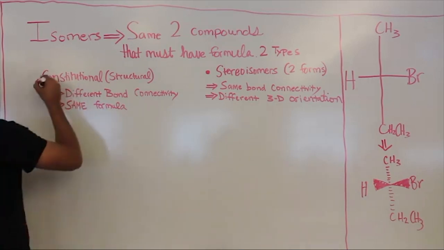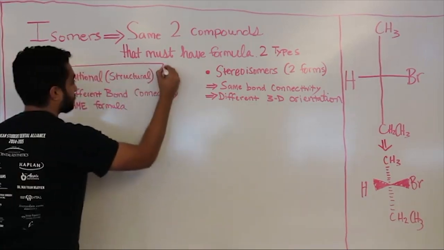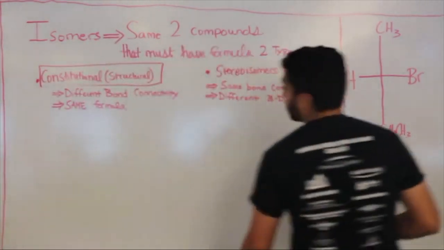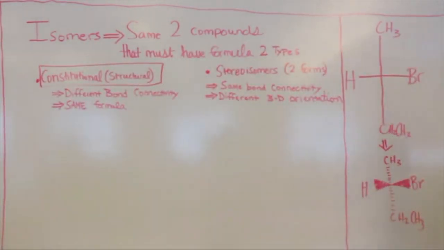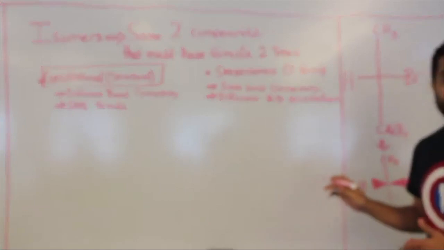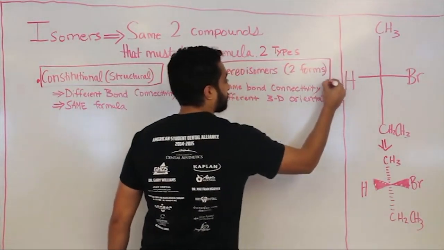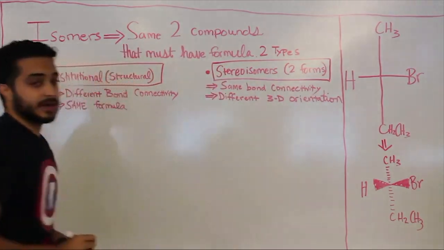There's two kinds of them. The first is constitutional. We talked about this in the third session, but now this is really more important than before. And the second one is referred to as stereoisomers, okay?